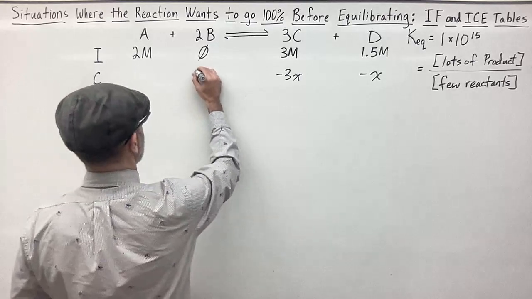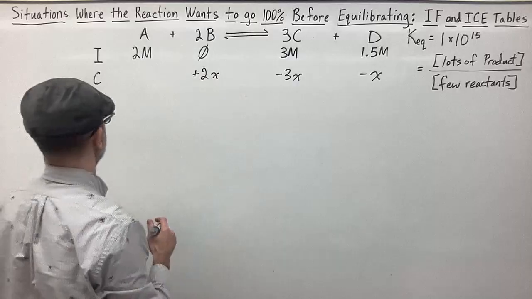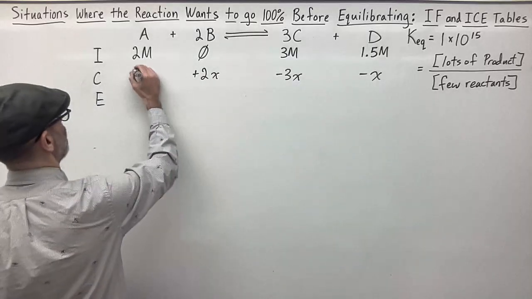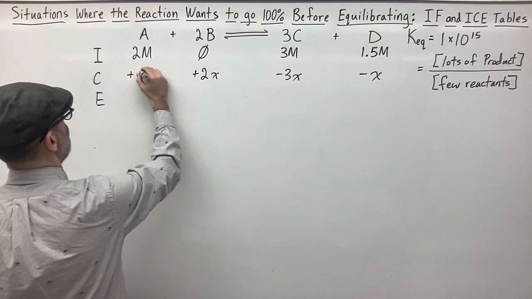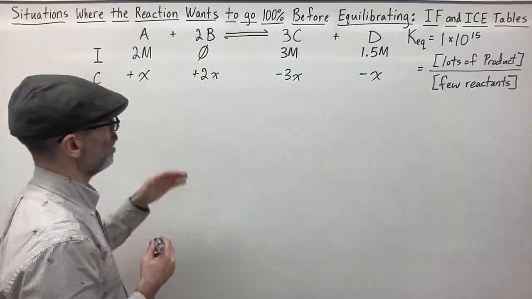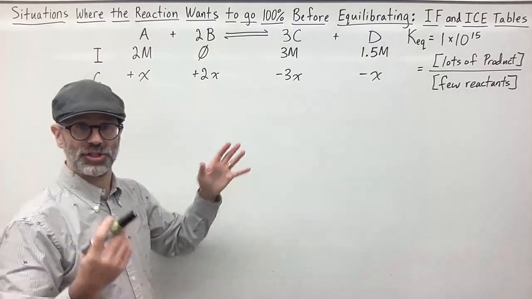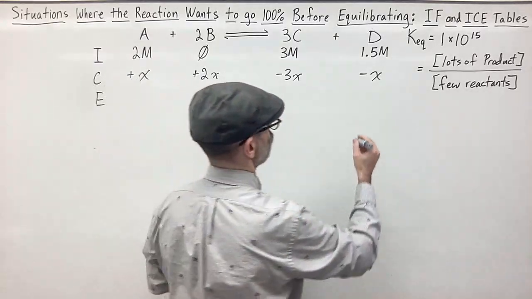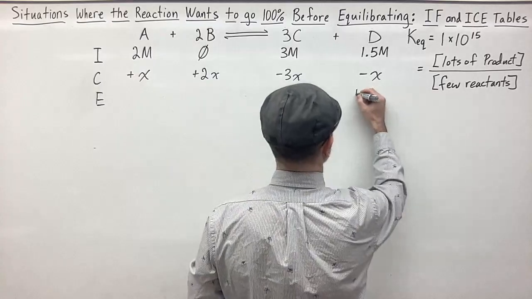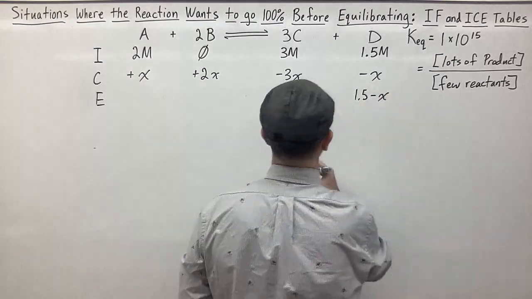Here I'm going to gain a 2x amount because there's the 2. And then I'm going to gain an x amount there because that's a 1. And now all I have to do is add these together to get my equilibrium concentration expressions in terms of x. So this is going to be 1.5 minus x.